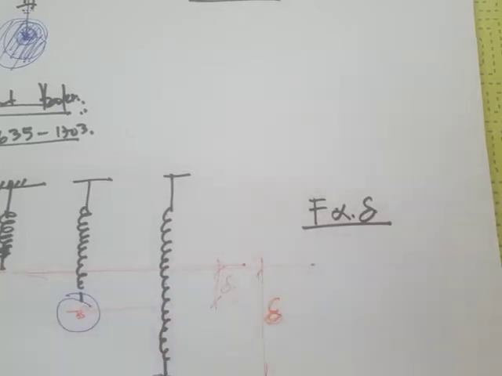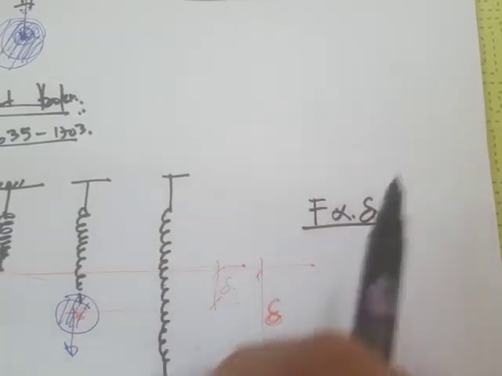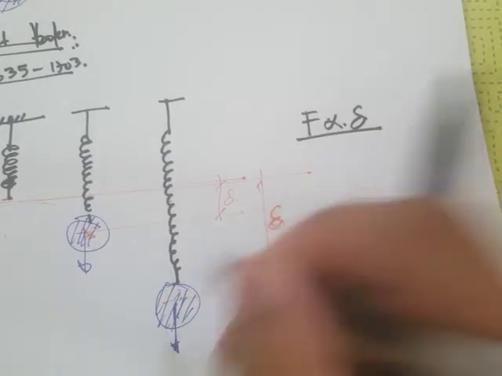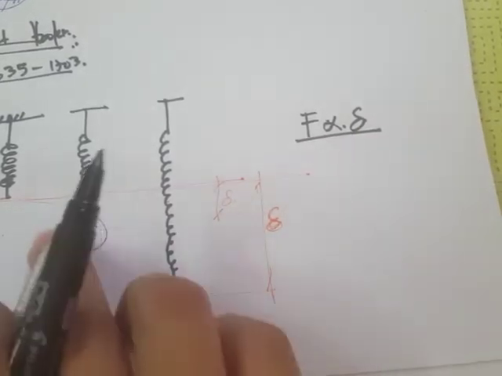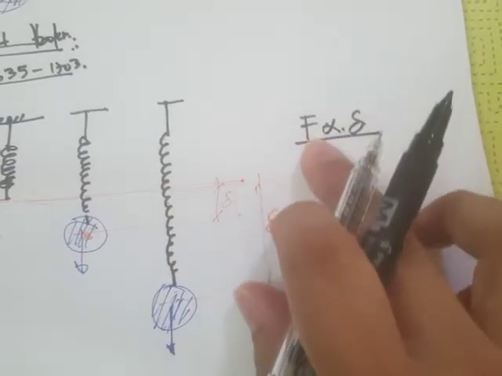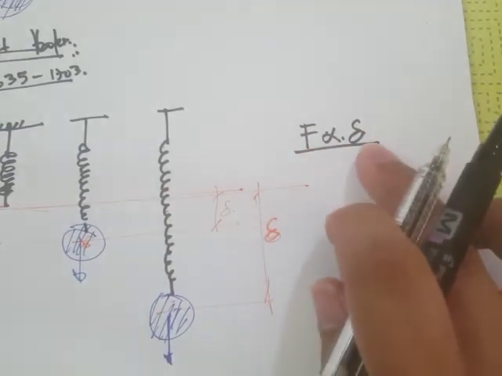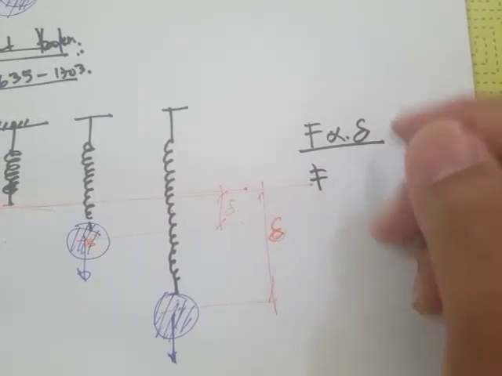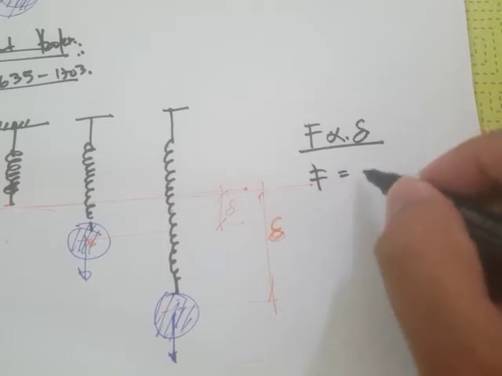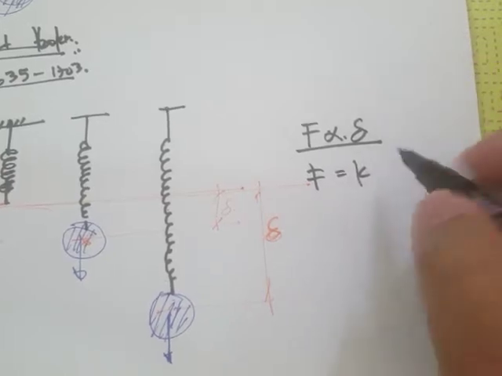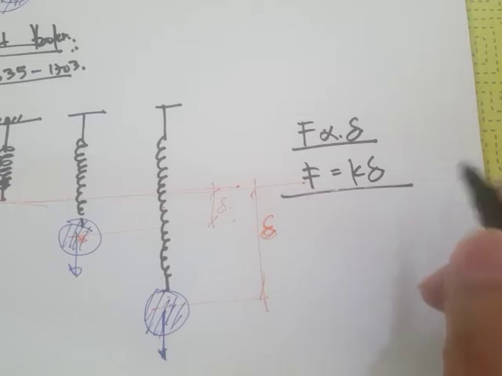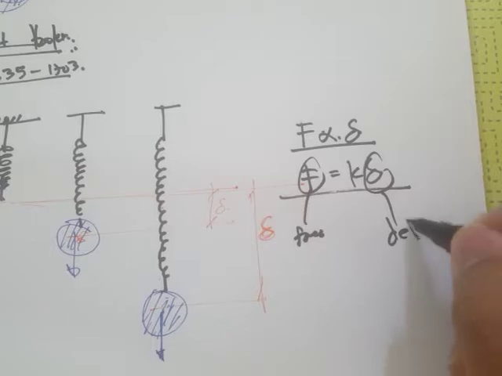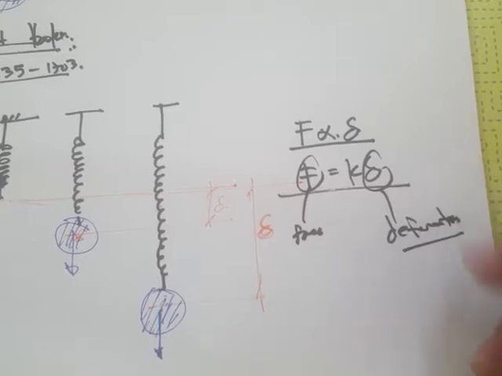The force here is the force from these loads, that's the weight. If we take the proportionality constant, it becomes F equals K times the deformation. This one is the force, and this one is the deformation.